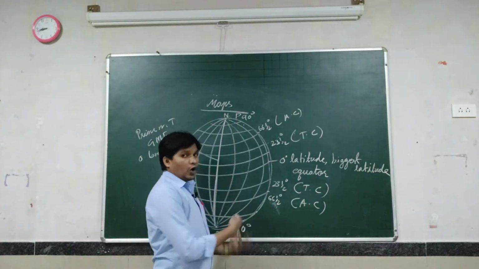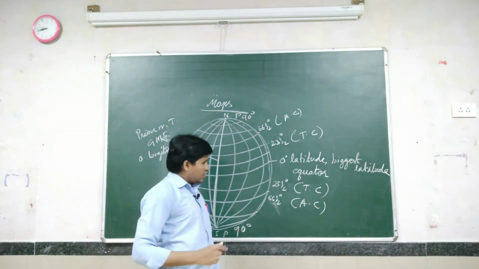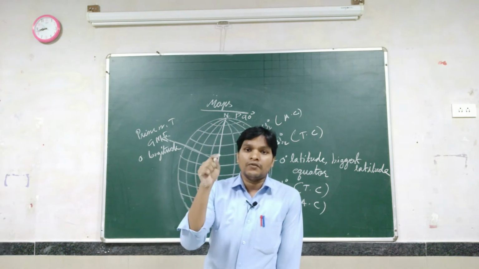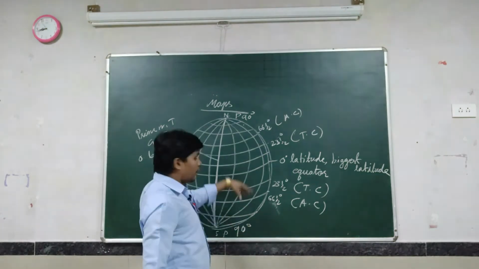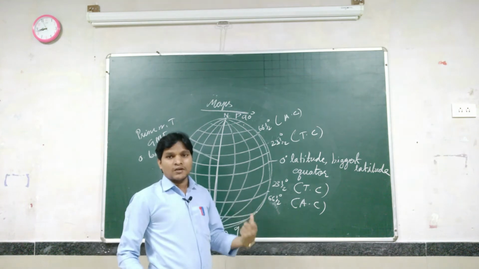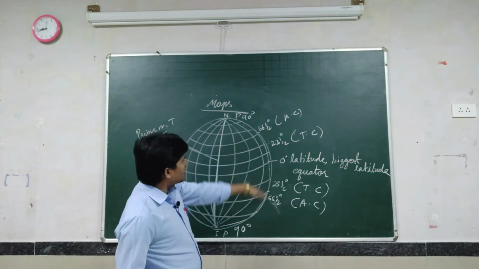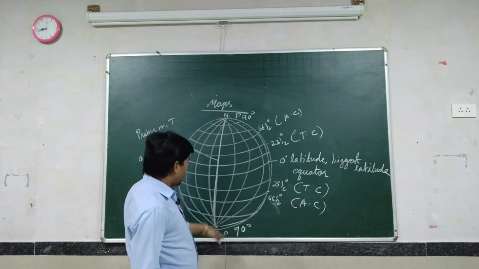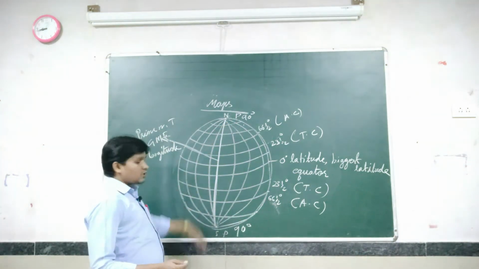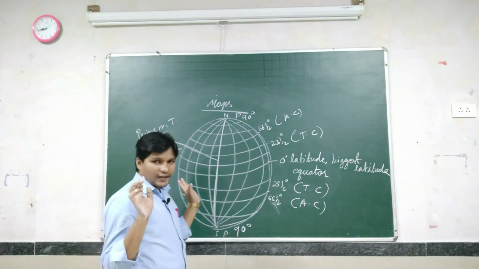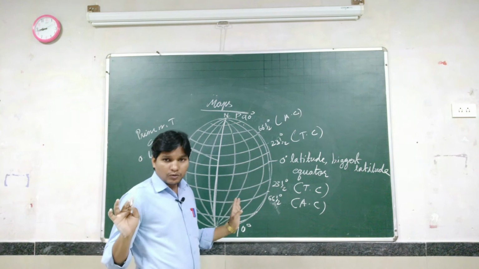It is the easiest thing to draw, and you can just put the points for the questions that will be given. Both the poles come under 90 degrees. Understand? Is it clear? Yes or no?